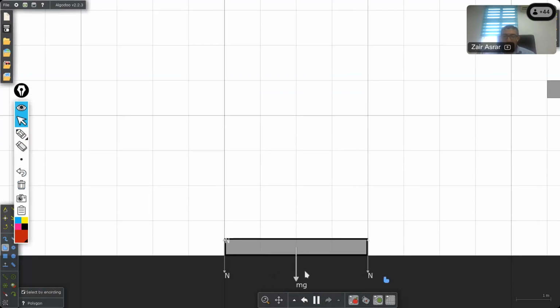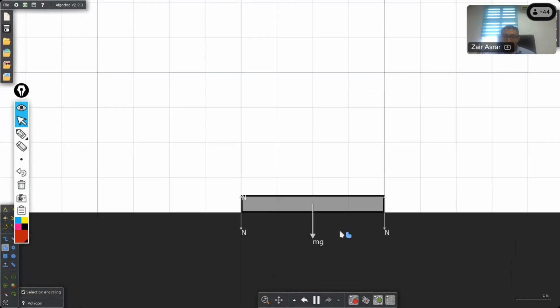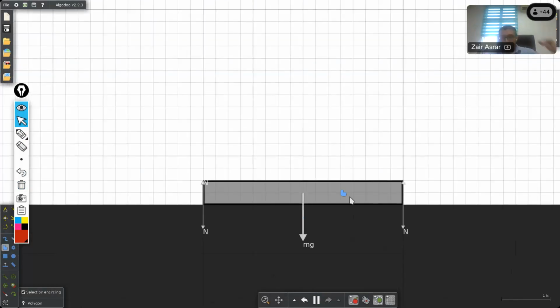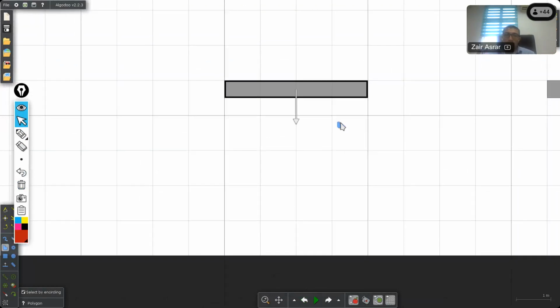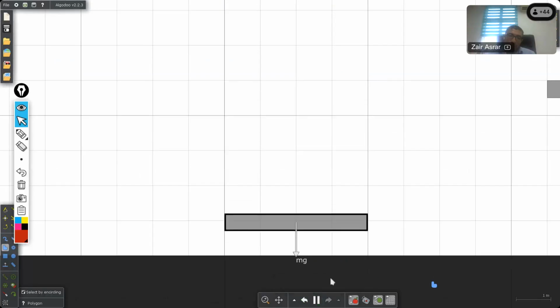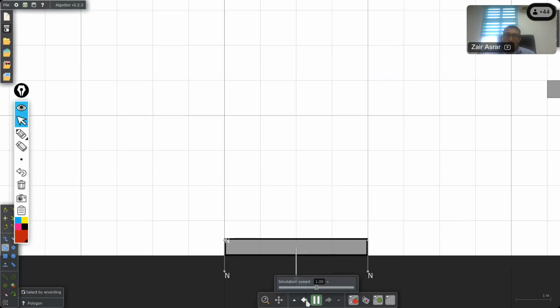We have the weight equal to mg, and once it's directly on the floor, we will have normal force acting against it. So it's not moving at all. Right now, it is in equilibrium. Starting from being held in space and then let loose, it will fall down and hit the ground. Very simple.